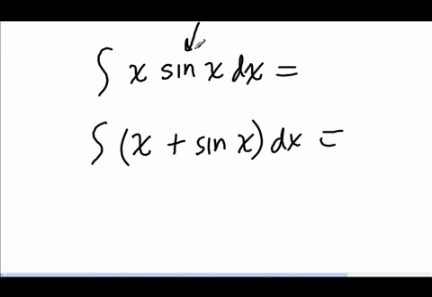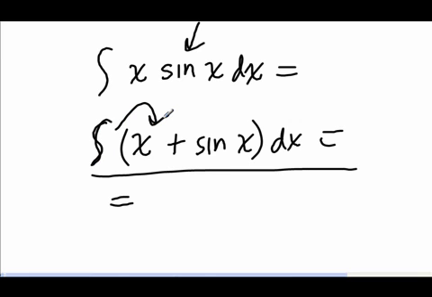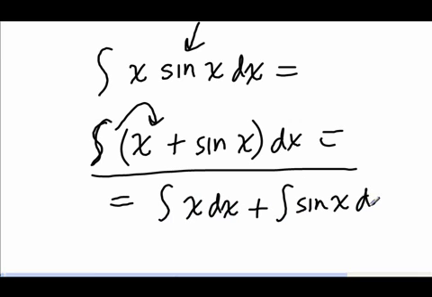To integrate a product or differentiate a product is way, way, way more involved than integrating or differentiating a sum, a polynomial. You'll find out in calculus to integrate or differentiate a polynomial, it is okay to simply break it up into each of the terms and integrate or differentiate each individual term.